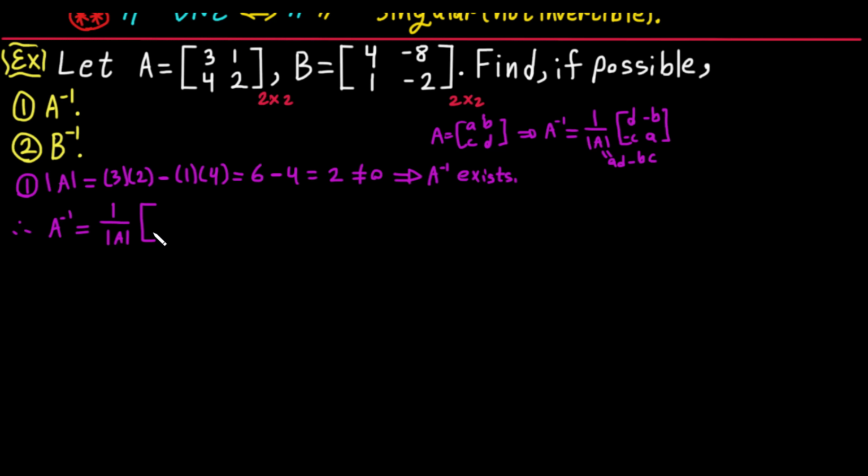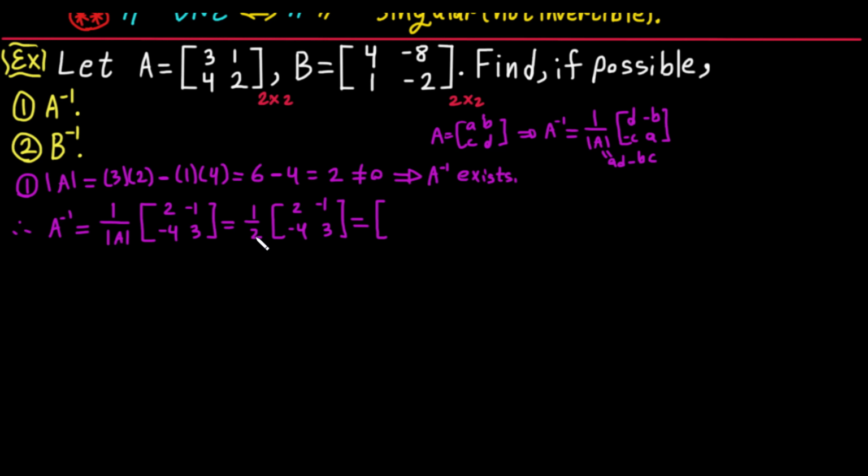So 2 3 becomes 2 3, and here we have to put negative and here negative: -1, -4. We know the determinant is equal to 2, so 1 over 2 times 2, -1, -4, 3.